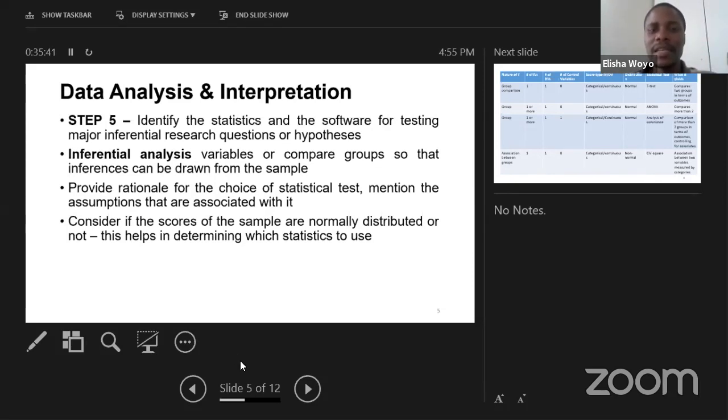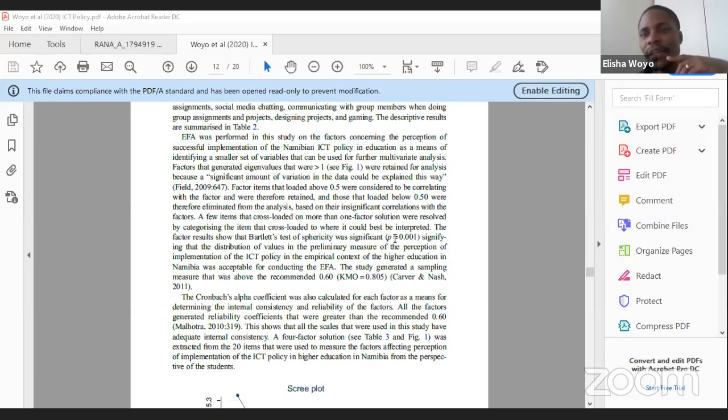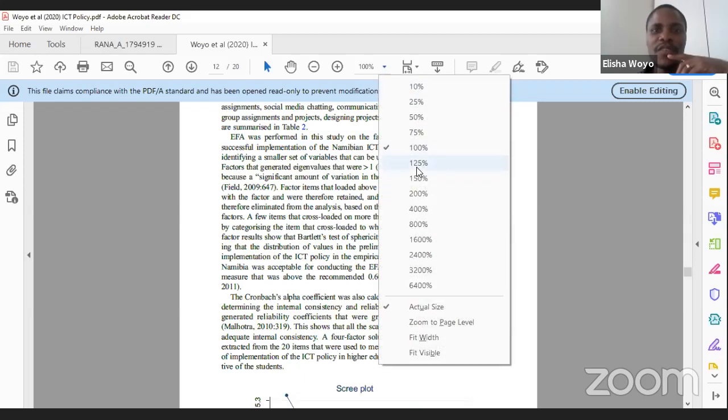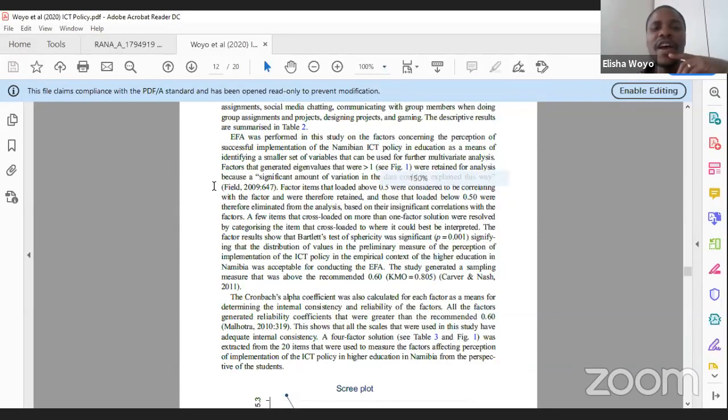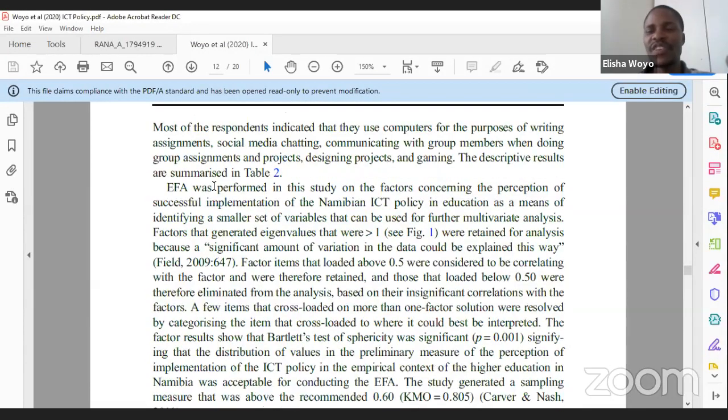And more importantly, maybe if I show you a sample. Let me see if it's there, yes. If I can increase the font here, you will see this is a section that talks about exploratory factor analysis. It's a statistic that we selected to use in the study.